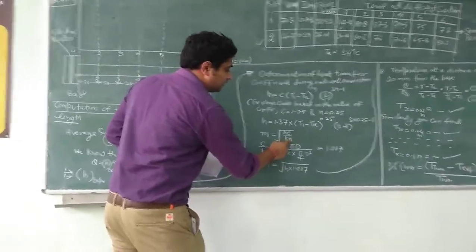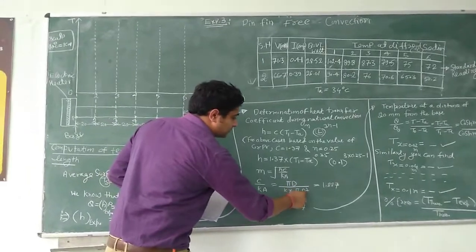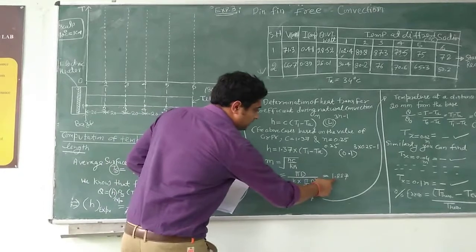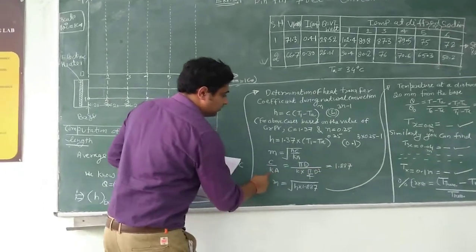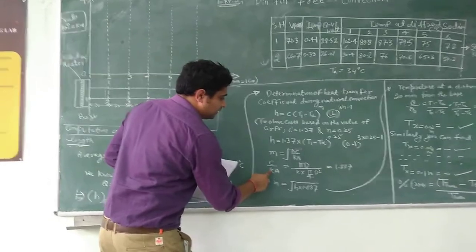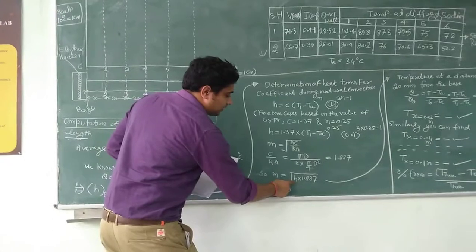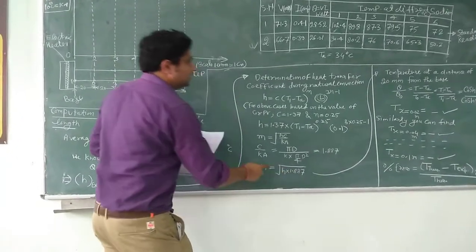For a cylindrical fin, the cross-sectional area is pi by 4 d square. So C upon kA comes out to be 1.887, and when you put this value in the expression, m is equal to under root h into 1.887.